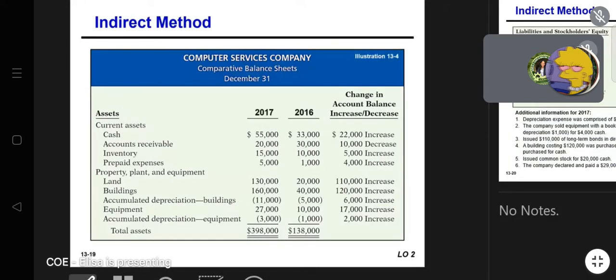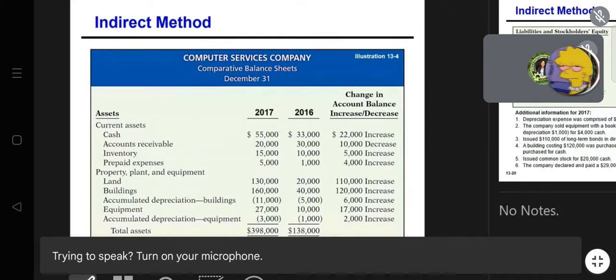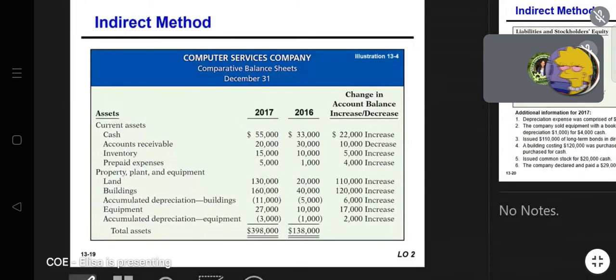So next is, this is now your comparative balance sheet. To prepare cash flow, your balance sheet should always be in comparative. So meaning, comparative, you have two periods. In this case, 2017 is compared to 2016.